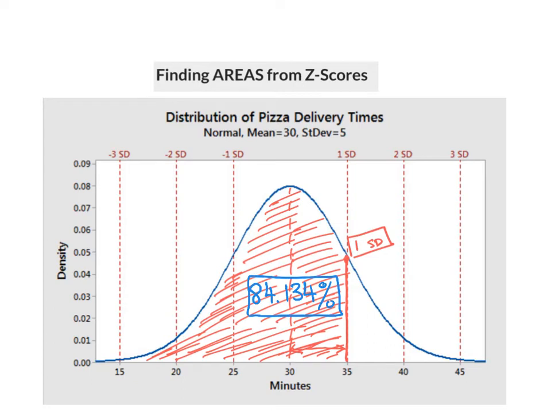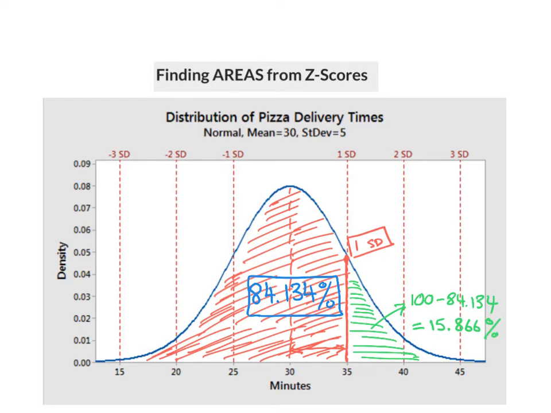So by subtraction, this area here is going to be 100% minus that. 100 minus 84.134, which is 15.866%.